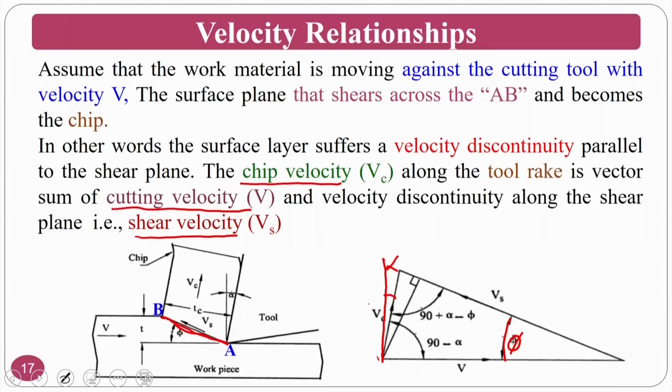This is my alpha, so this is 90 degrees, so 90 minus alpha. So if I know this is 90 minus alpha, this is phi. Now I can calculate this as 90 plus alpha minus phi. Okay, so this is how we have divided it.